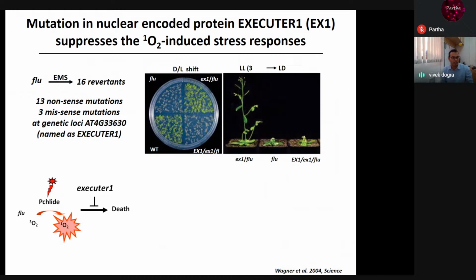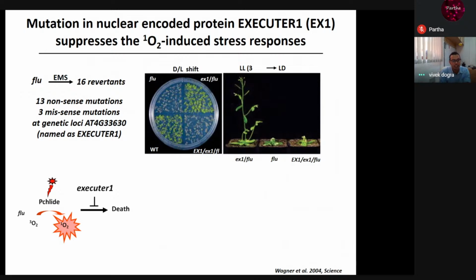So even though they were not having this switch off, something was missing, and these plants were not able to tell the nucleus, and the plant was happy. Then they mapped where the mutation happened, and interestingly they found 16 such revertants, and all 16 were having mutations in a single genetic locus, in one gene.